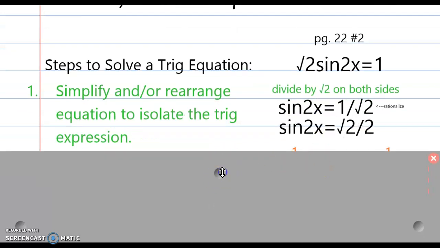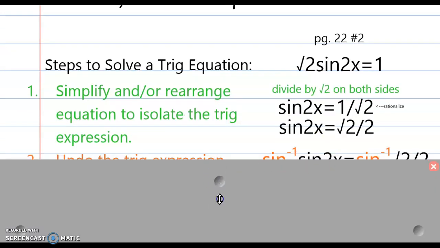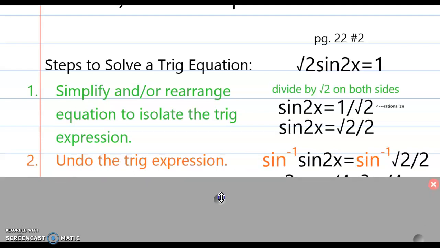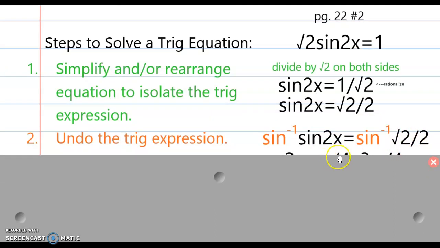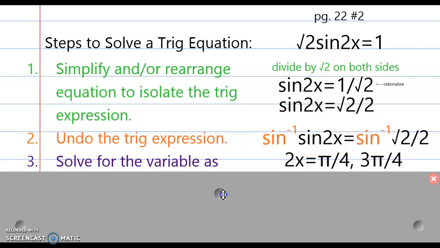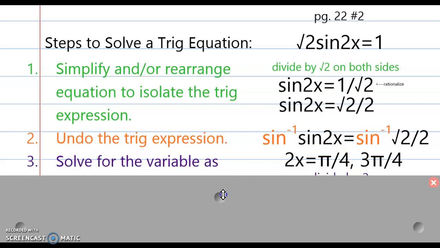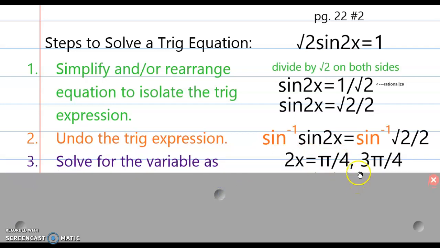Once it's by itself, then you're going to use the inverse, or do exactly what we did. We're going to undo the trig expression, which means basically find the angle where this answer is your value. In this case, since it's a sine, we're looking for that in the y coordinate. Really what we're doing is taking the inverse of it. So we get pi over 4 and 3 pi over 4.